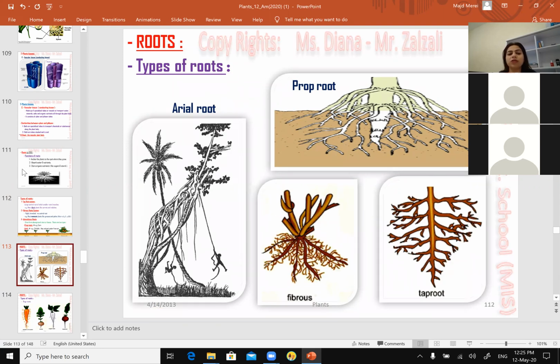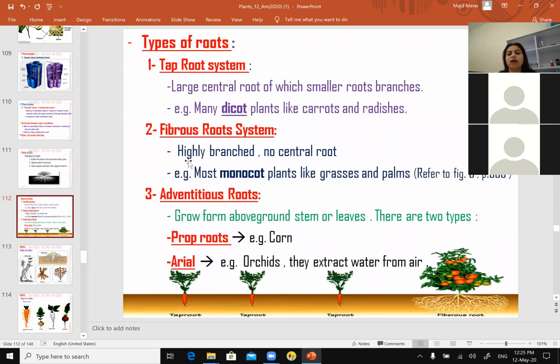What about fibrous roots? Look at this diagram here. Fibrous roots are highly branched and there is no central root. When you learned the comparison between dicot and monocot before, you learned that many dicot plants have tap roots, while many monocot plants have fibrous roots.